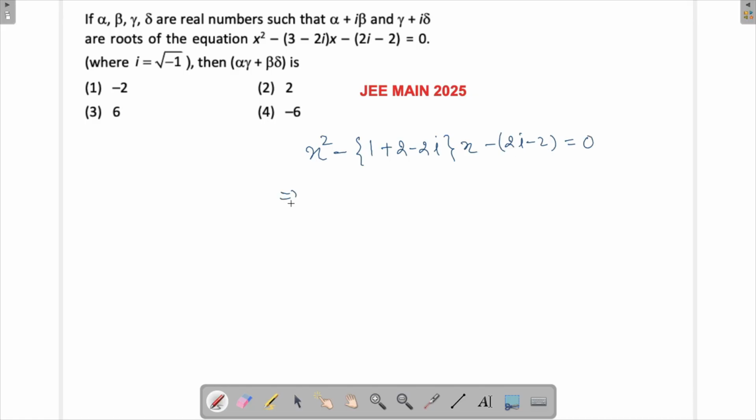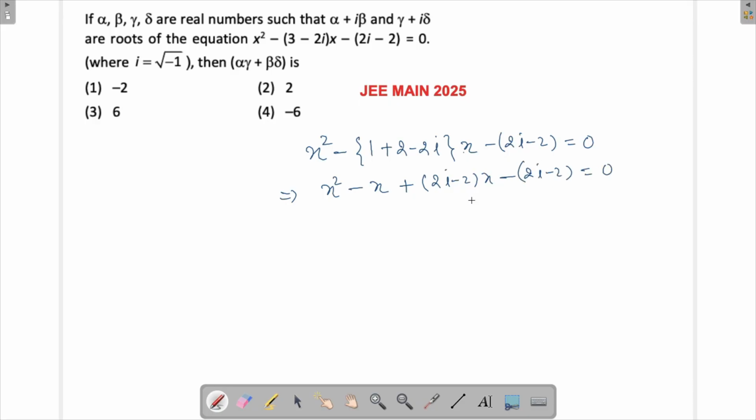In the next step, I can write this as x square, and then I'll multiply this 1 with x, so then I get x square minus x. And then I multiply this with minus 1, so I basically just reverse this sign to get this. So this will be 2i minus 2 into x minus 1.